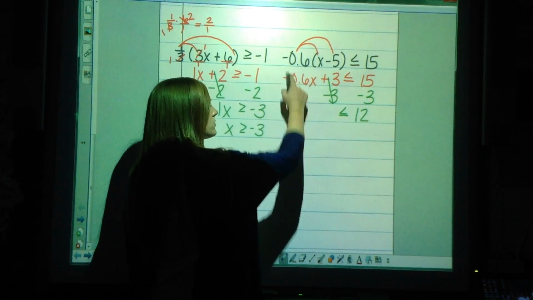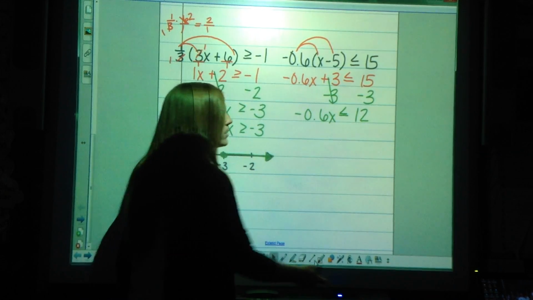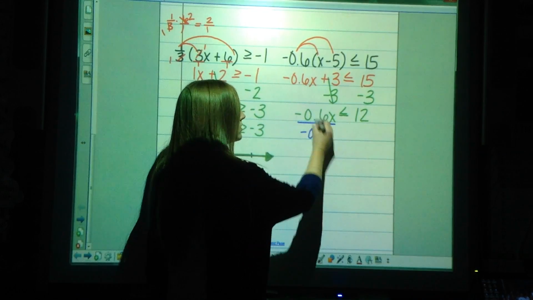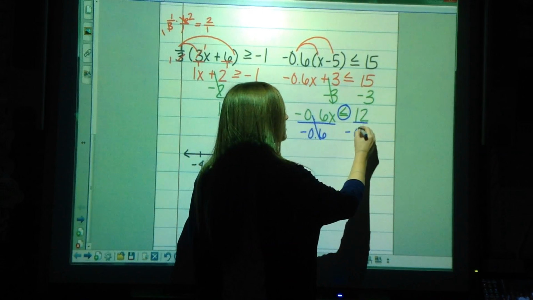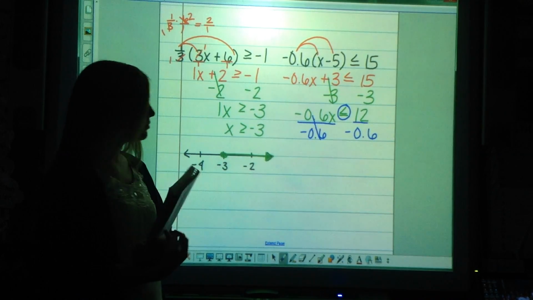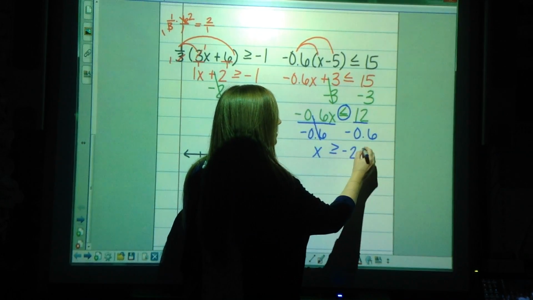On the left side, we're left with the -0.6x. This time we have to divide it out. They're multiplying. We're dividing by negatives, so you need to switch that sign. 12 divided by -0.6 is -20. X is greater than or equal to -20.